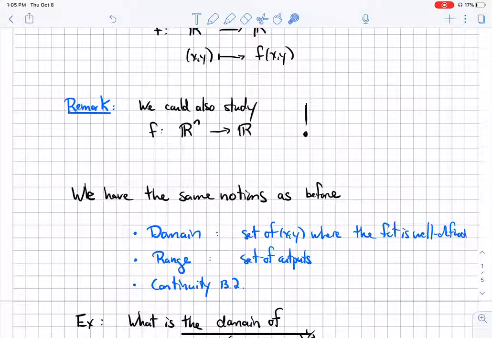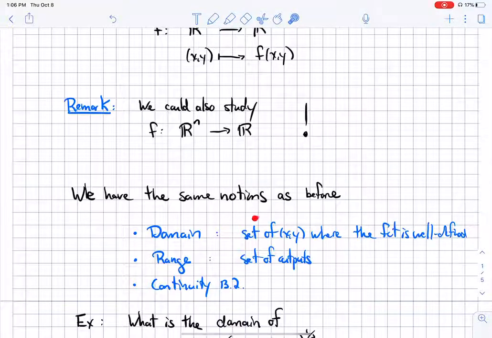So let's start with the basics, that is, what is the domain of a function, what is the range, and look at continuity. The domain is exactly like in 1D or in any mapping, any function.